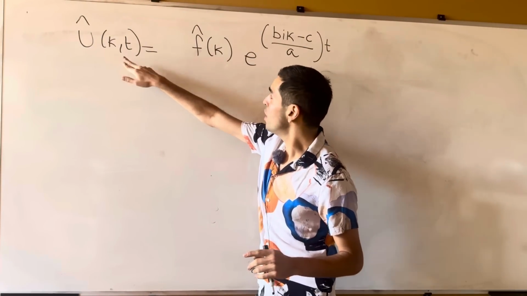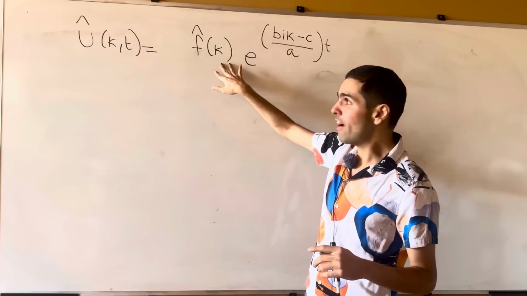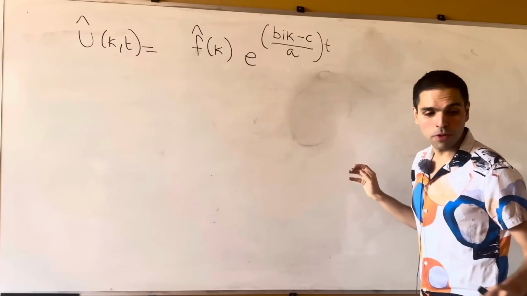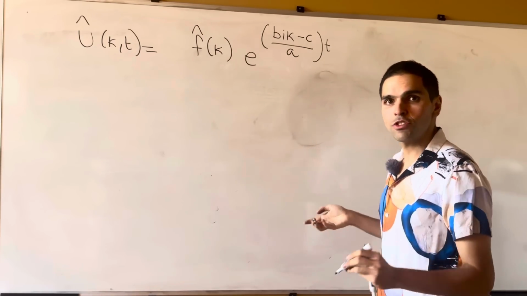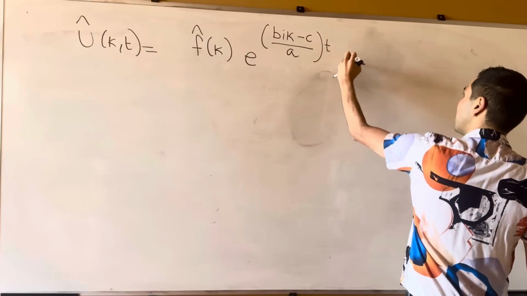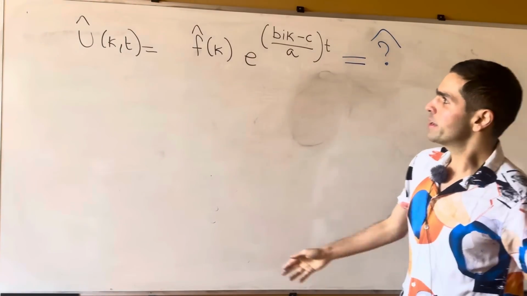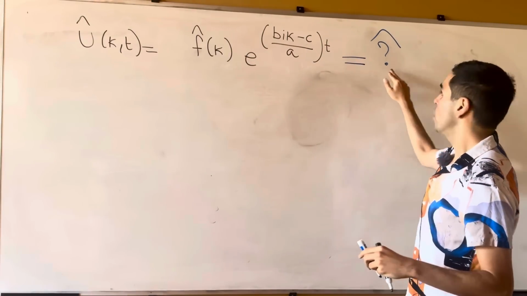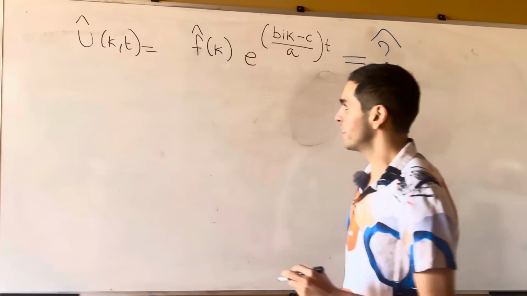We found that u hat is constant, but here the constant is f hat times this exponential term. And the whole point in our Fourier transform extravaganza is to write the right-hand side as a hat, because then u will be what mystery function is under the hat. And in fact, let's do that now.